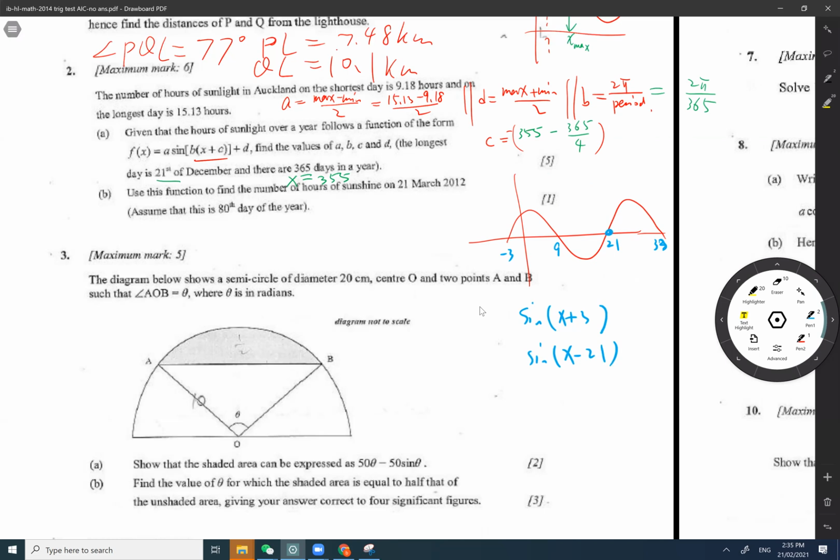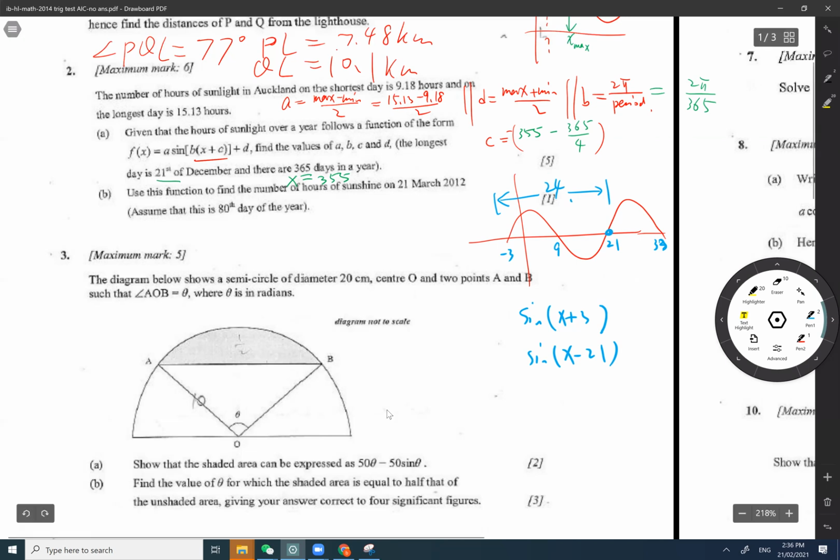These two are the same. So both are fine. They didn't say c must be positive.